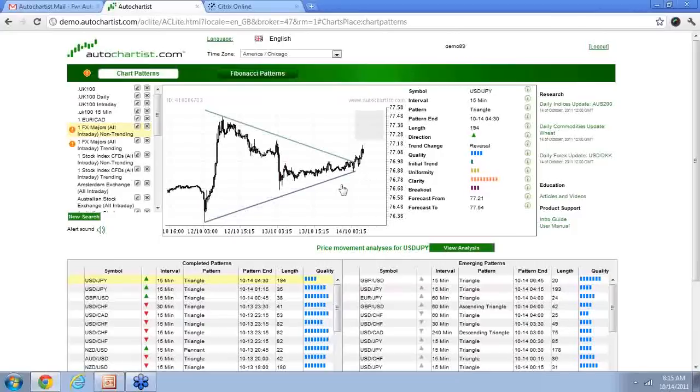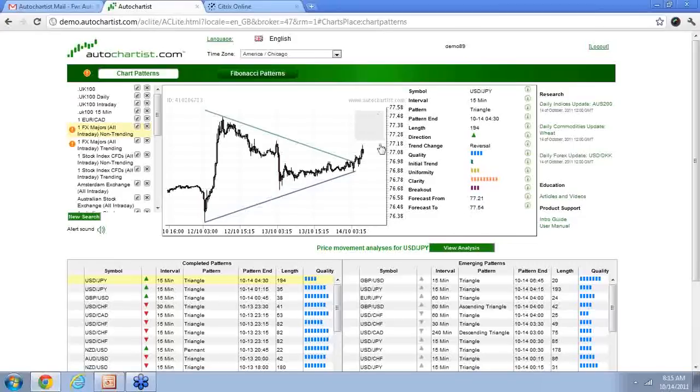So once I get my parameters down on my emerging patterns and I start to see this market break out, this is telling me that once I get this set up and break out, AutoChartist will give me this gray box here that's going to tell me where this market can go to. You can see by numbers here, it's 77.21 to 77.54.